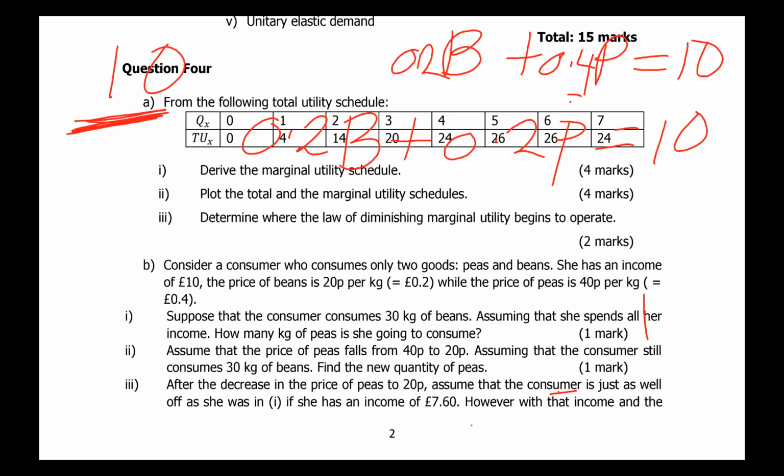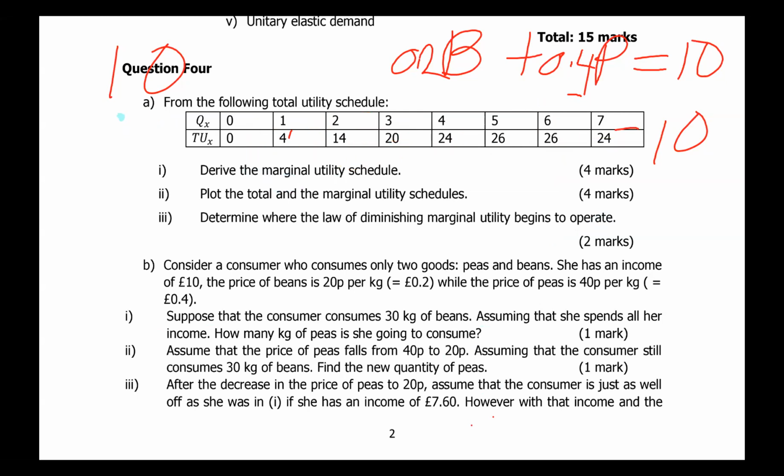So we are assuming that the consumer is still indifferent as in 1, even after the decrease in the price. Now the consumer has an income of 7.60, so income has decreased from 10 to 7.60. However, with that income, let's see the question.